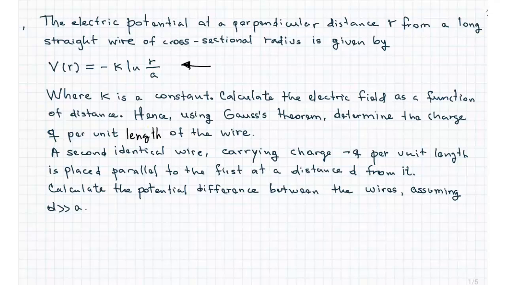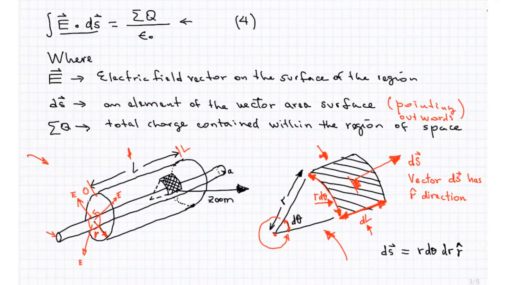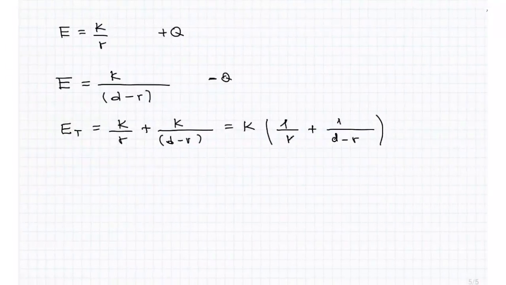So we want to calculate the potential difference between the wires, and because d is much higher than a, we use a and d minus a as the integration limits.